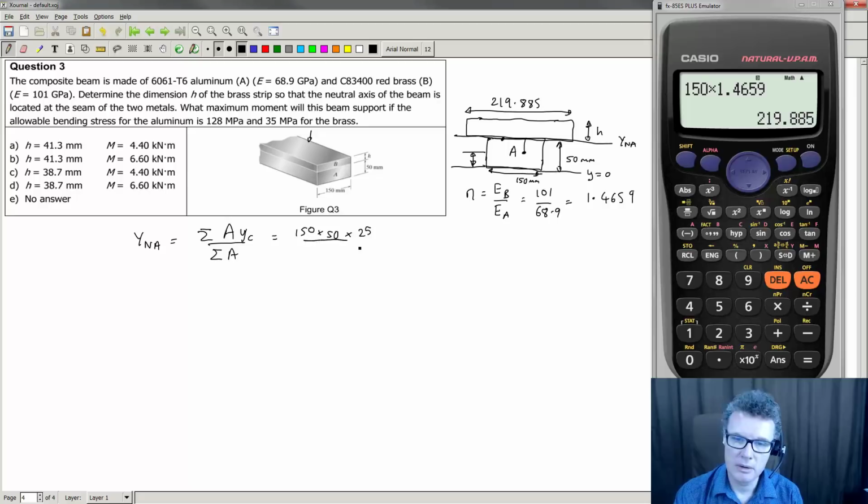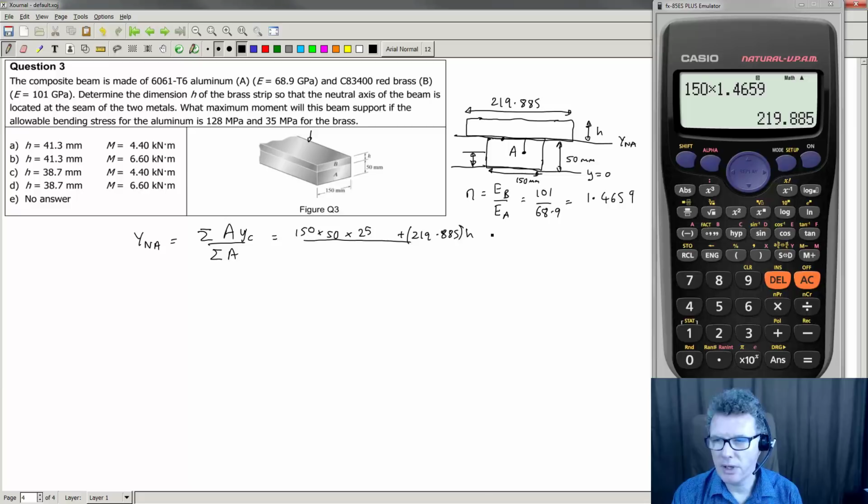Now for the top section, we know its width is supposed to be 219.885. We don't know what its height is, so that's the area.